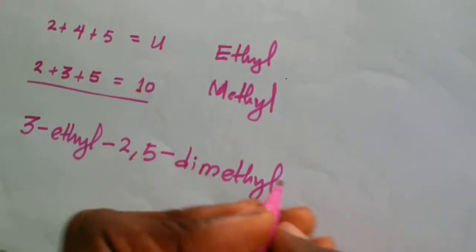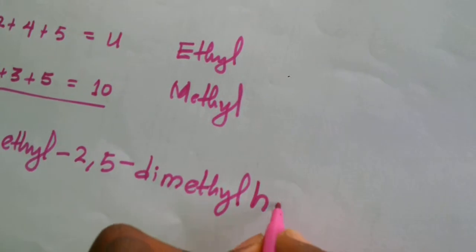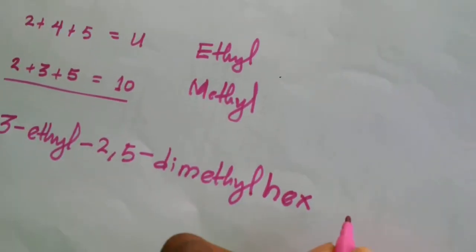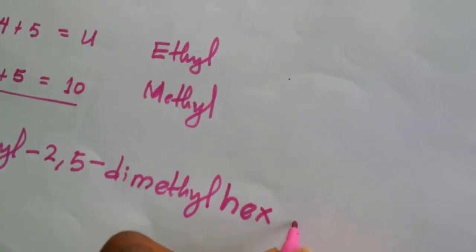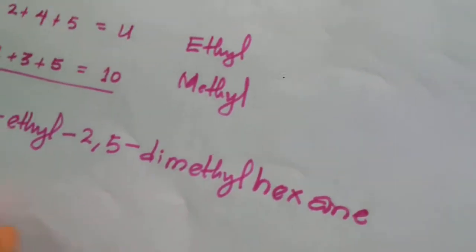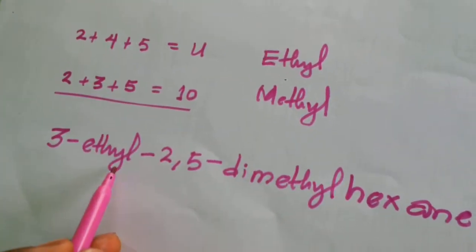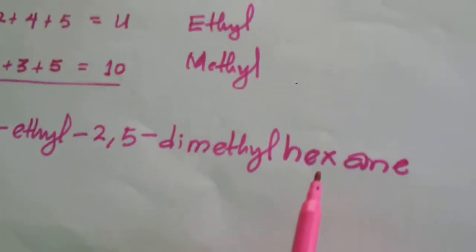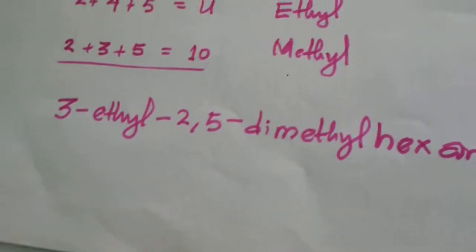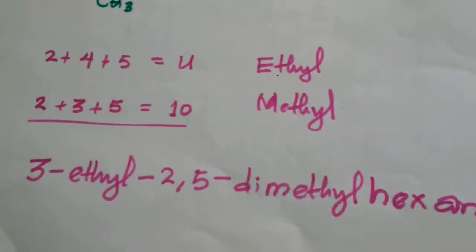The longest carbon chain is 6, so the word root will be hex, and since it's riddled with single bonds, it will be ane. So it's 3 ethyl, 2, 5 dimethyl hexane. That's the name of this compound.